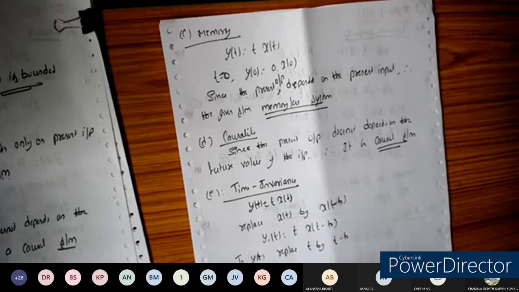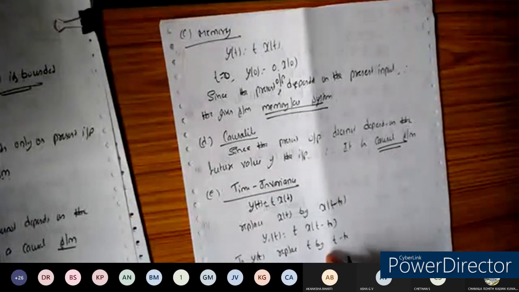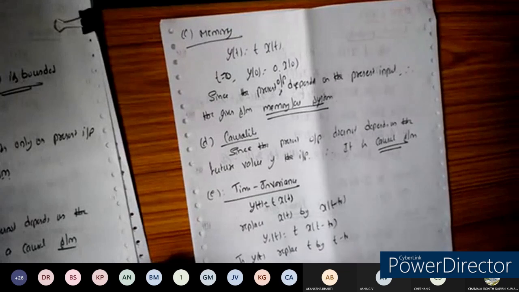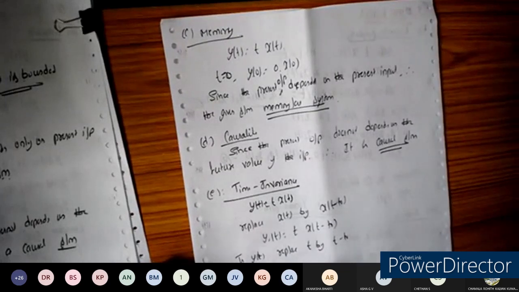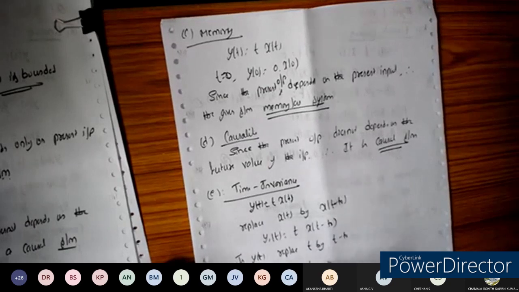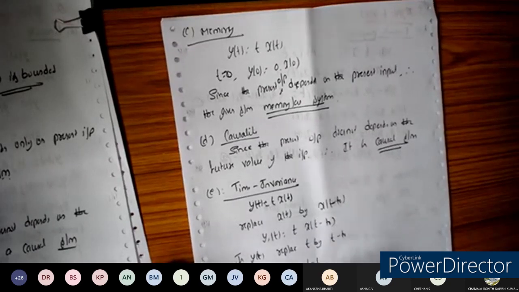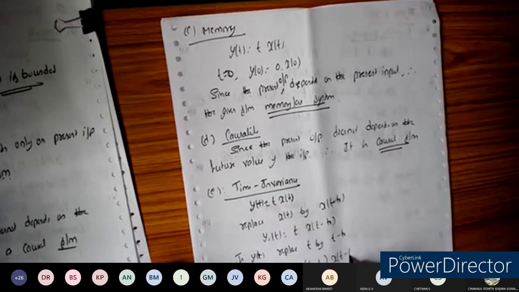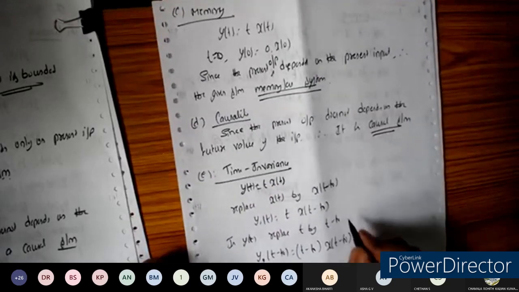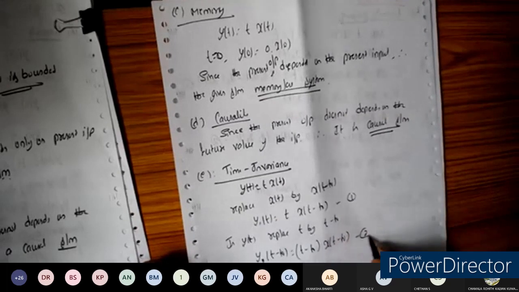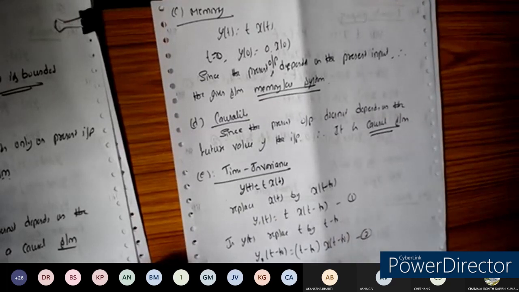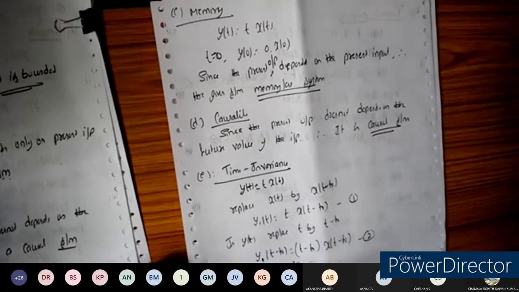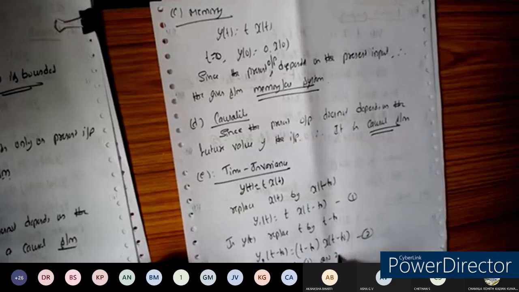If I do that replacement, what we'll get is y of t minus t naught is equal to t minus t naught into x of t minus t naught. Call this equation number 1, call this equation number 2. So compare equation 1 and 2.